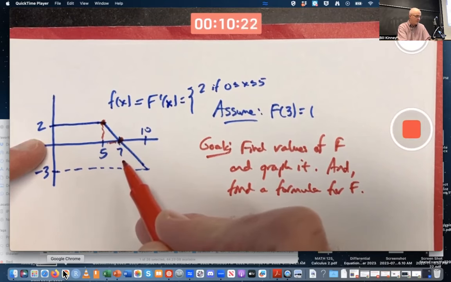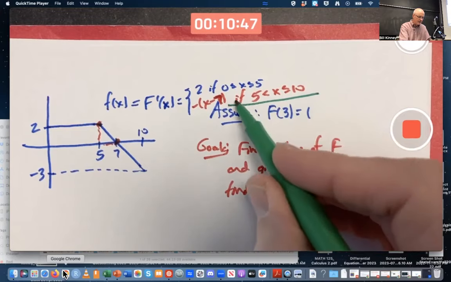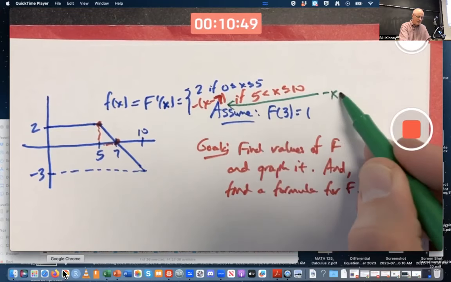Actually, here's a quick trick you can write on the formula. You also see it's got an x-intercept at 7. You could write this as negative, in parentheses, x minus 7, if x is between 5 and 10. That's an x minus 7 if you can't quite tell. Of course, you could distribute the minus sign through the parentheses there. You could also write that as -x plus 7.